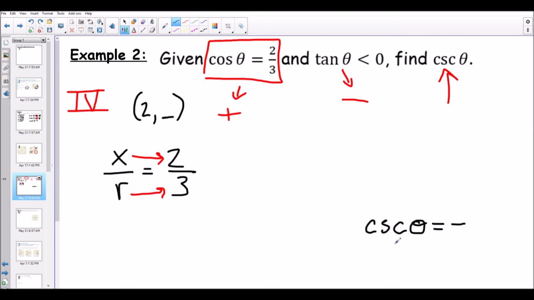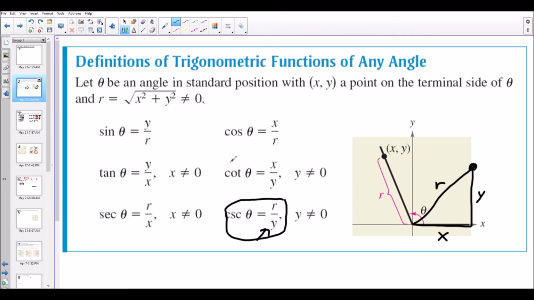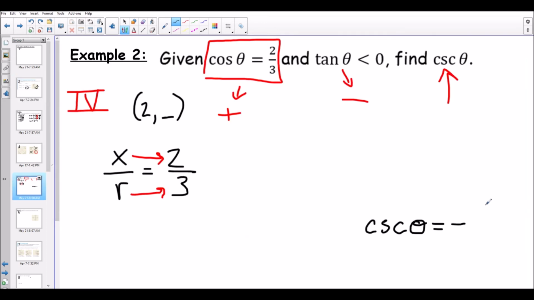The radius is involved in the cosecant. The cosecant is the radius over the y value. So that number is going to pop up again. It's going to be in the numerator of this answer. You're going to have the cosecant of theta equals -3 over something. We don't know what the y value is yet, but we're going to be using that to help us figure this out. So, given all of this, we now just need to find the y value.